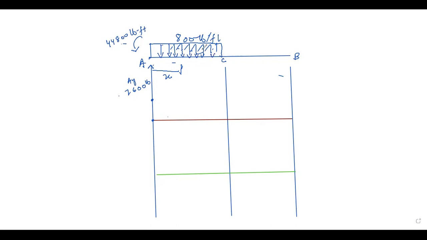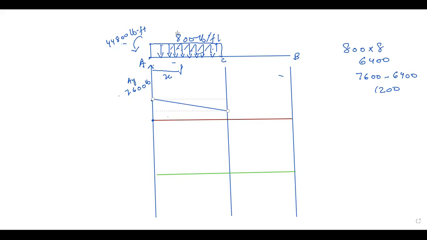The area is 800 multiplied by 8, which is 6400. So the equation will be 7600 minus 6400, which is 1200 positive. So it will be above the line, and we just draw a line from here to here.